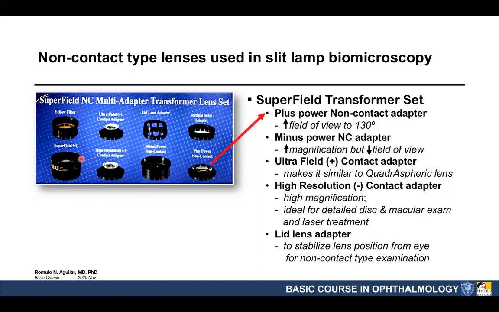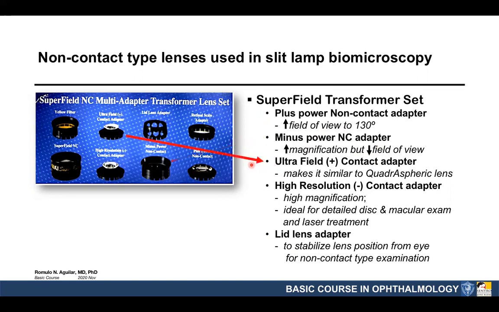So let's say, for example, you use the plus power non-contact. So it retains its non-contact characteristic, but it increases the field of view to about 130 degrees. If you now use the minus power non-contact adapter, it increases magnification, but of course you sacrifice the field of view.